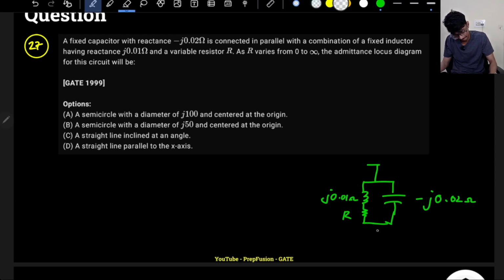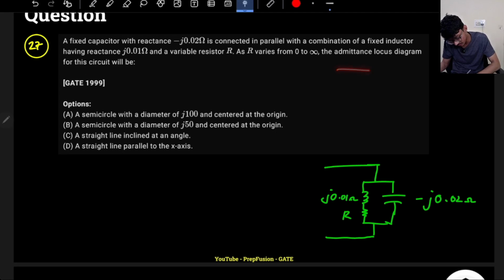What are they asking? They are asking for the admittance locus diagram for this circuit.